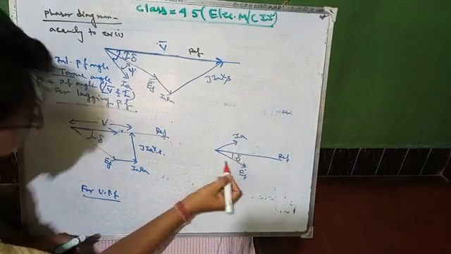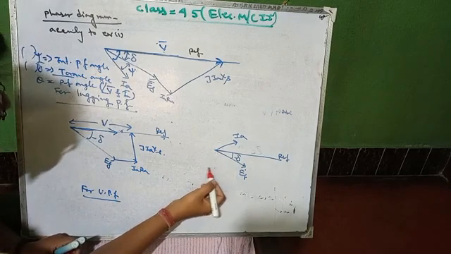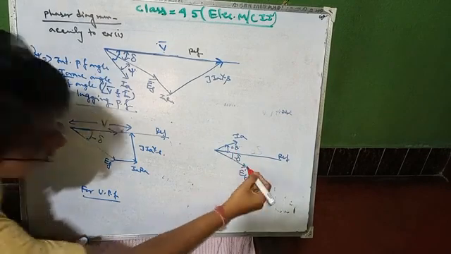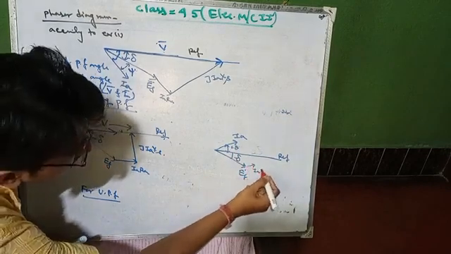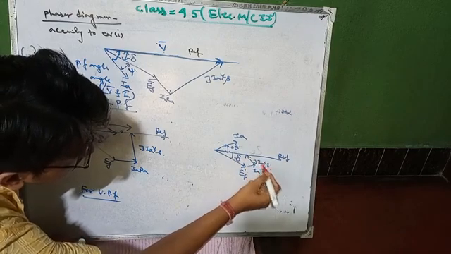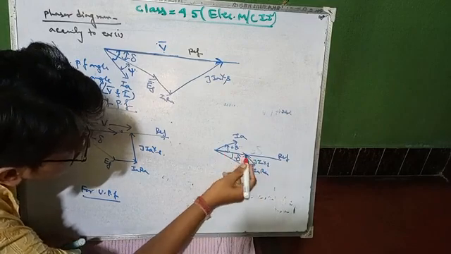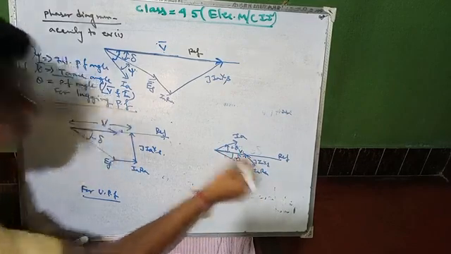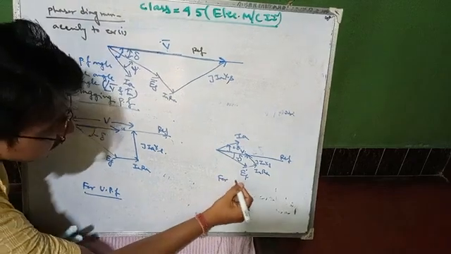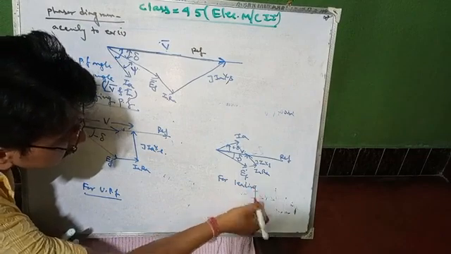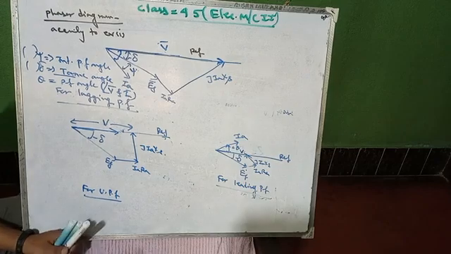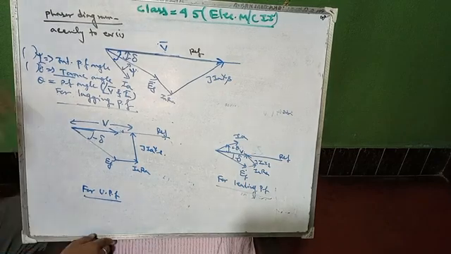This angle is minus del, and IA is leading, that means this angle is plus theta, and IARA is this one, and JIA XS is this one. So this length is nothing but V. So this is for leading power factor. This is all about the equivalent circuit and phasor diagram.